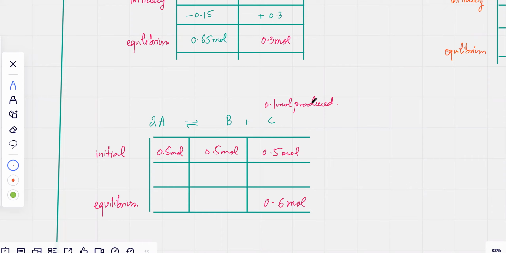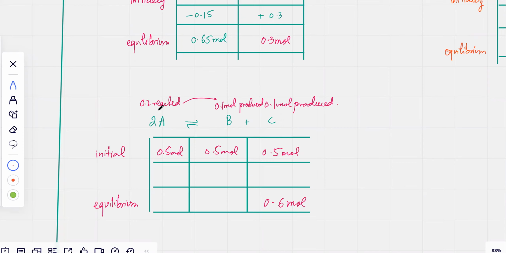Now according to this, if 0.1 moles are getting produced, that means there's a forward reaction that's happening. It's 1:1. If 1C is produced, 1B would also get produced. So if 0.1 moles of C are produced, then according to the ratio, 0.1 mole of B must have been produced as well. And if 1B is produced, 2A must react. So double that amount must have reacted, 0.2 moles must have taken part in the reaction.